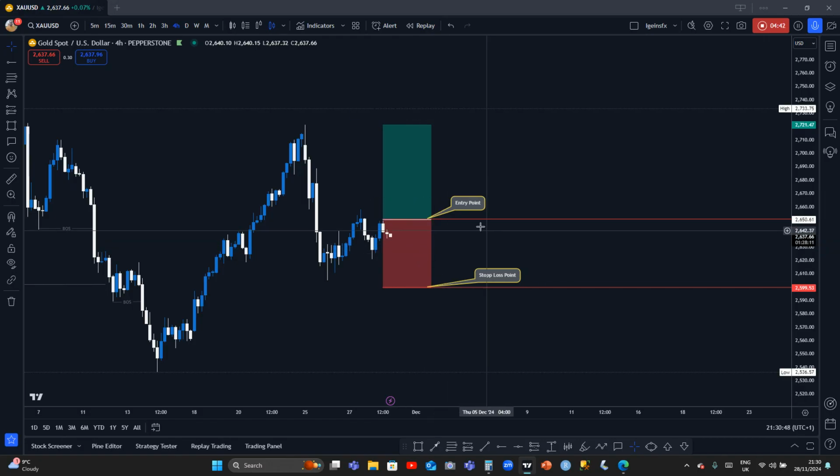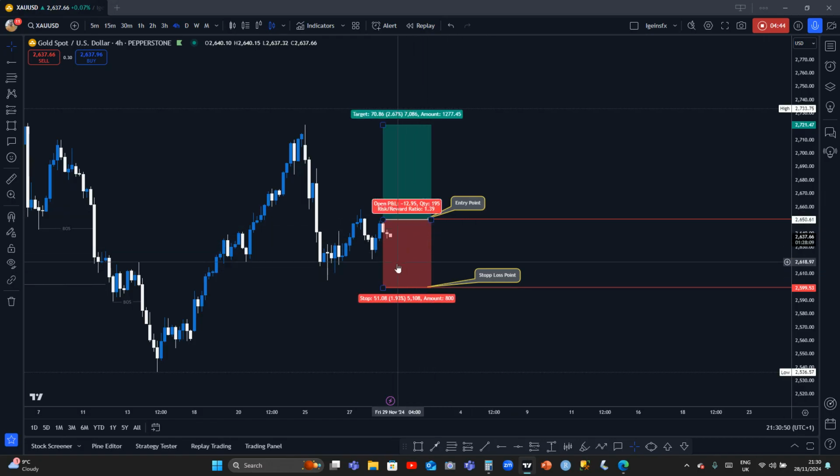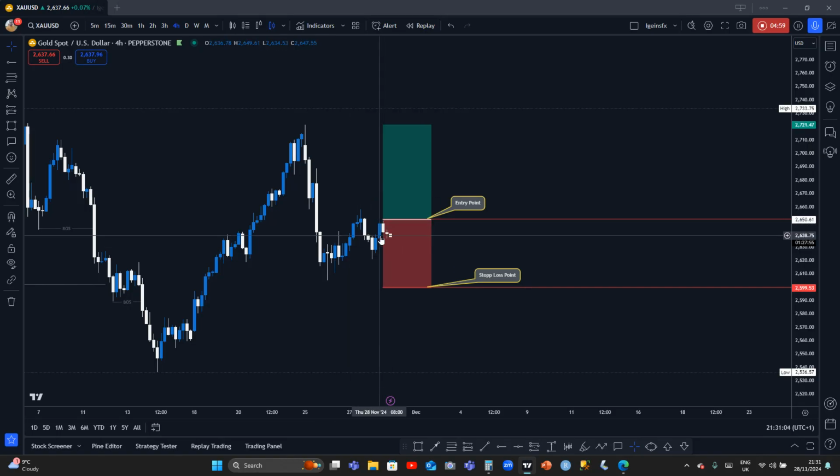Before you can determine your lot size, you have to look at your entry point down to where you are going to put your stop loss. And as you all know, as a professional trader, your stop loss must be below the structure. Where is the structure?